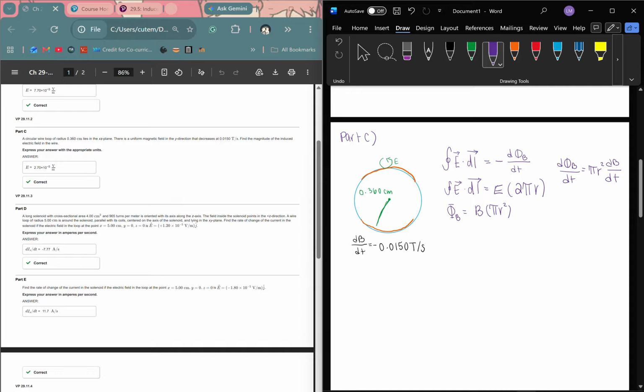Now we're going to substitute into Faraday's law.